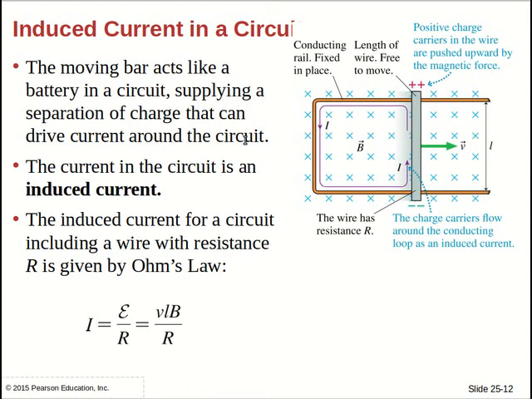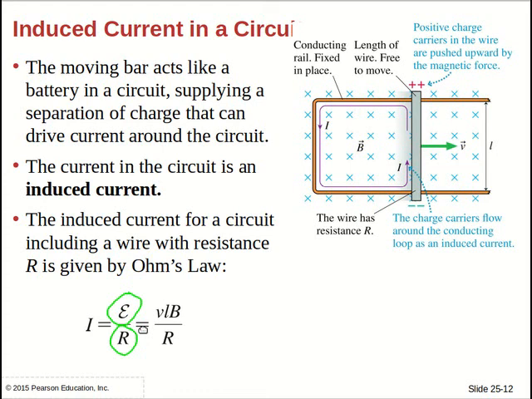And so in some sense, you can say that the real battery is whatever provides the force to pull this bar along. Okay, so let's apply Ohm's law to this situation, in which case we can calculate the current that moves through this circuit if we know the EMF, which we just calculated, and if we know the resistance of the circuit, R. Whatever resistance exists in both the loop of wire, the U-shaped piece of wire, and the bar that's moving through it, the total resistance of the circuit will depend on those two components.